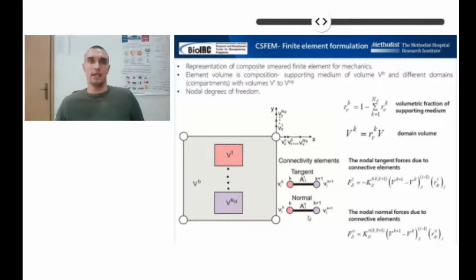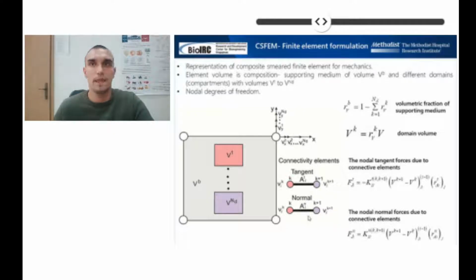Now, the finite element representation of the composite SMIR finite element for mechanics is given on this figure below. Here you can see that the element volume is composed of the supporting medium with this index B and different domains with volumes 1 to n. The nodal degrees of freedom include velocities in coordinate directions and tangential and normal components for the domain boundaries.